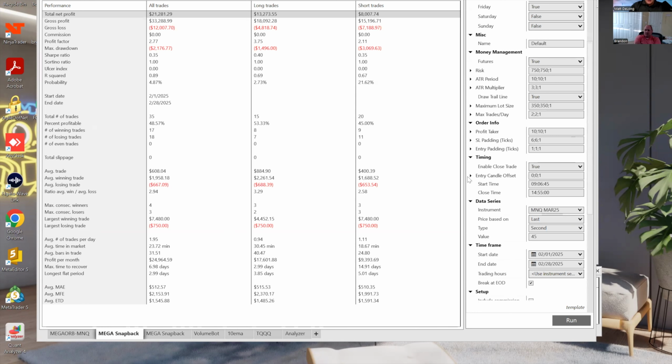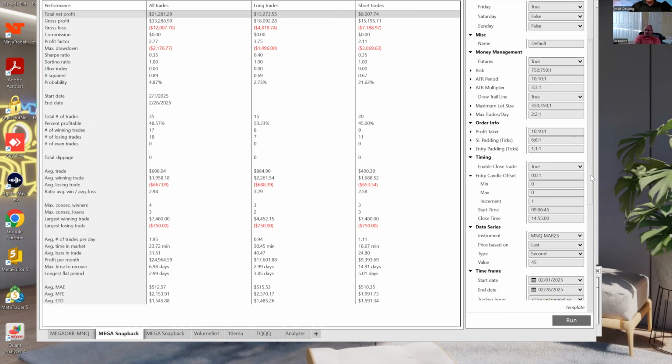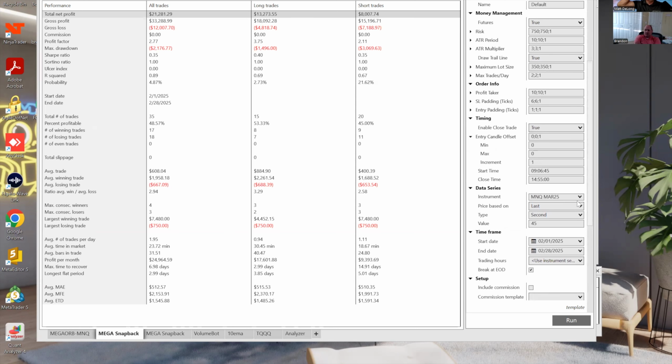We added, I forget who added this, I think it was Michael, someone suggested this last year, this entry candle offset field. What it does is it takes, in this case, 45 seconds, and adds it to the start time. But what we can do is cycle and add one candle, two candles, three candles, and use that as an optimizer.